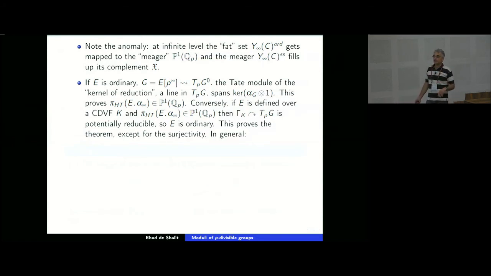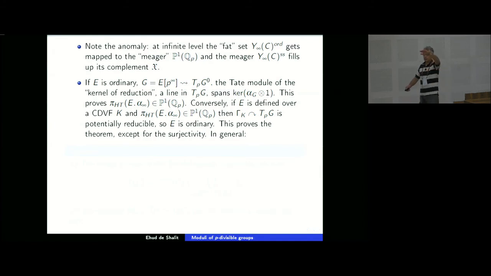In the converse direction, let me only prove it when E is defined over some discrete valuation field K. And if you know that E is defined over a complete K, so a finite extension of W1 over P, and you know that the Hodge-Tate map lands in P1QP, then you know that the action of the Galois group, because you have this line inside, is potentially reducible, diagonalizable.